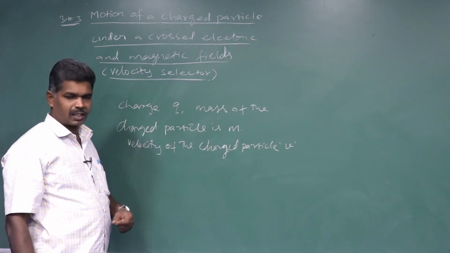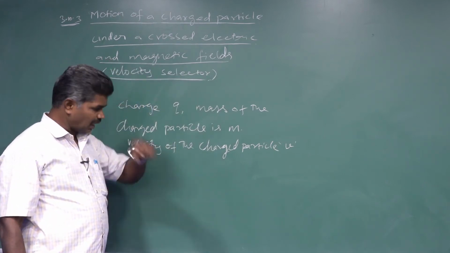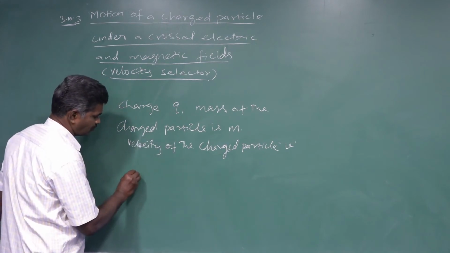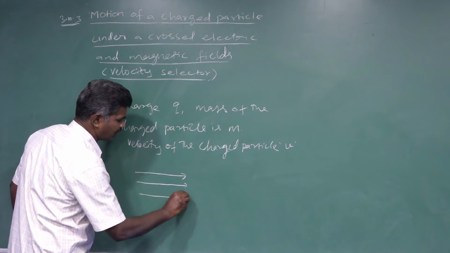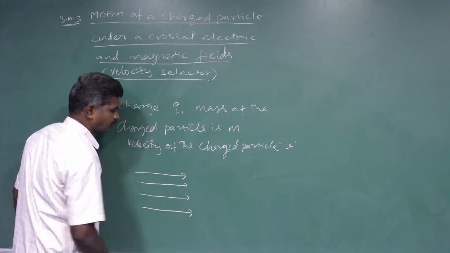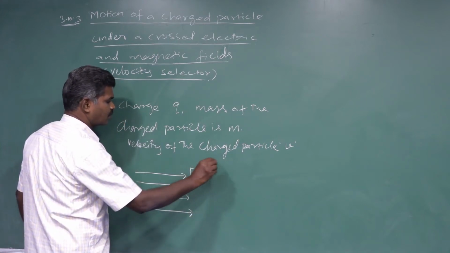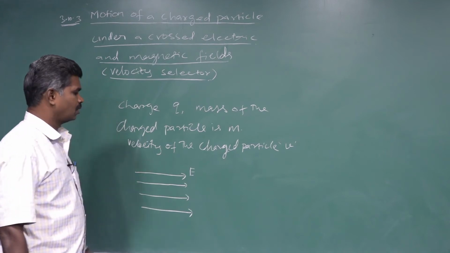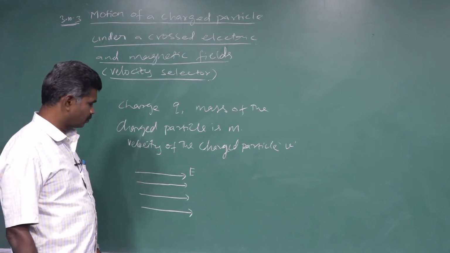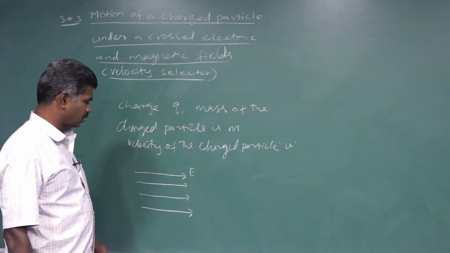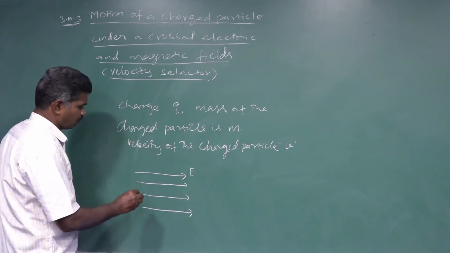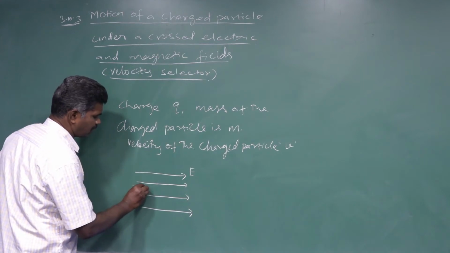Suppose now we have taken a uniform electric field which has a certain intensity, expressed as E, the electric field intensity. In this electric field, suppose the Q charged particle is moving along the electric field.